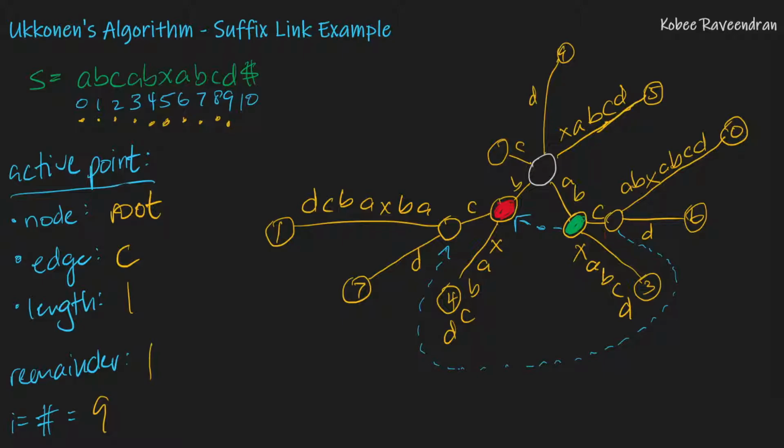So one was our old branch, which was just A, B, X, A, B, C, D. That started at the old leaf value we had in this node, which was, I believe, 2. And we also have the new branch from the addition of the D. And that starts at index 9 minus 1, or 8.